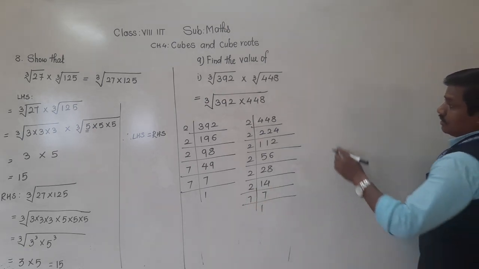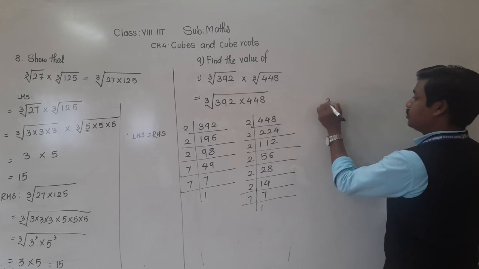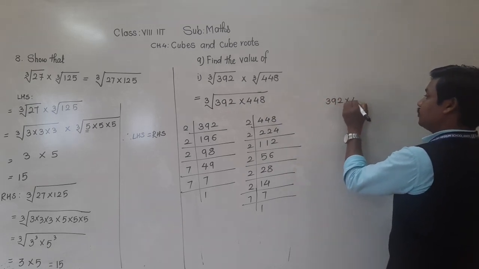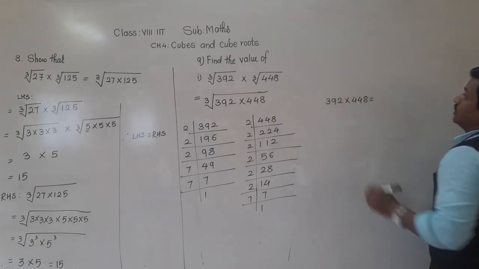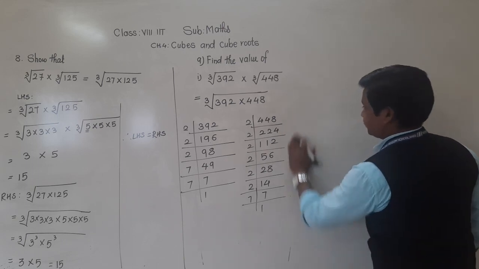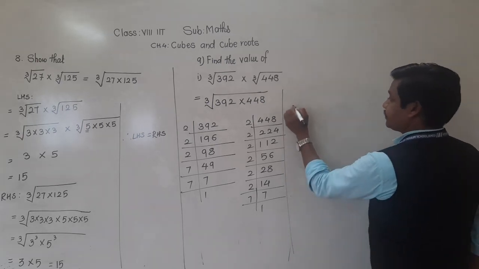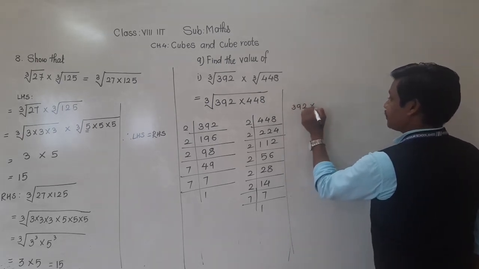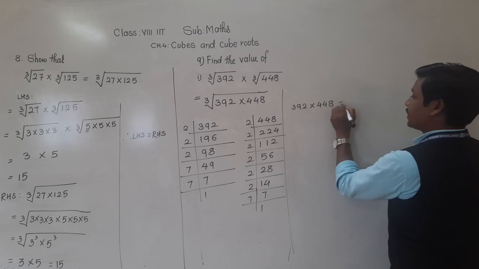Now see here, 392 into 448. What are the prime factors?